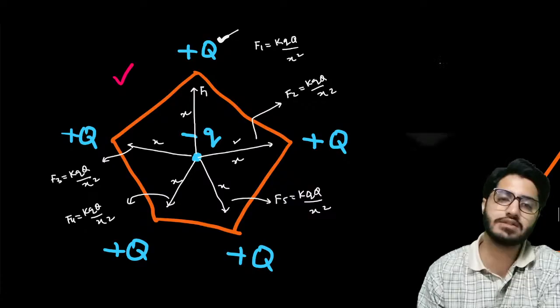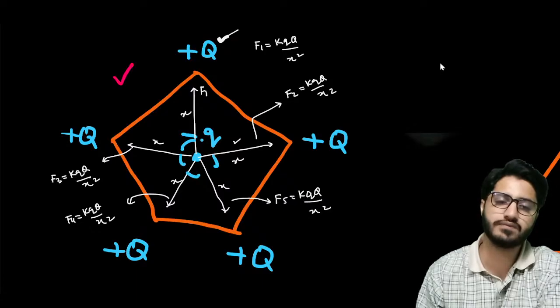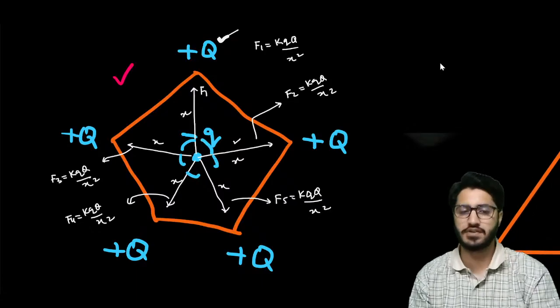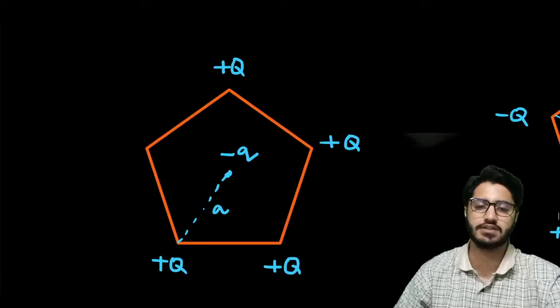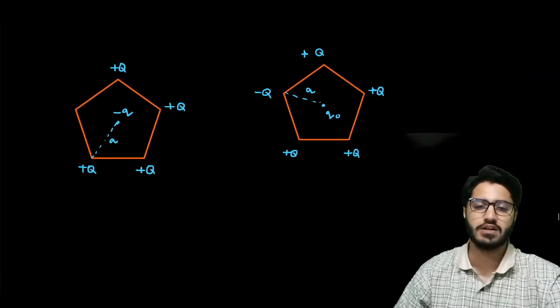Now, regular means the angles between these are equal. So one property that we learned back in our 11th class, right?